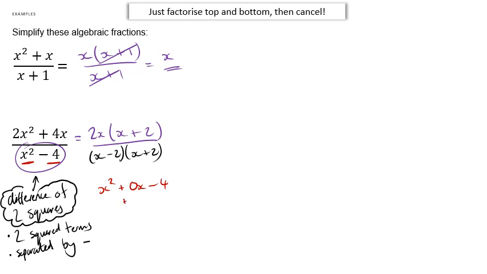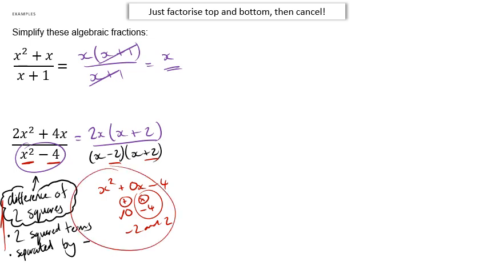So here we'd need to think of a pair of numbers which added to 0 and multiplied to -4. Thinking as always about the factors of this first, -2 and 2 fit the bill, and they add to 0, so then we can factorise it. So it's really useful to be able to remember this difference of 2 squares, but if you can't, remember you can work it out thinking it through in this way.